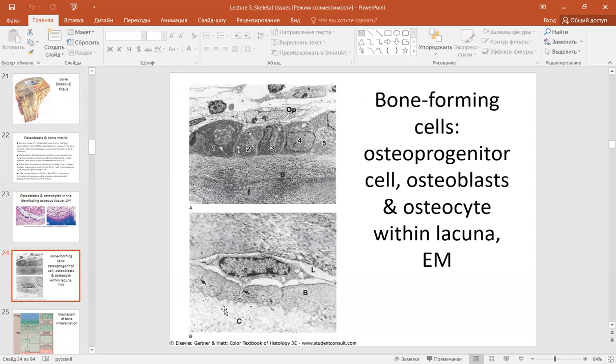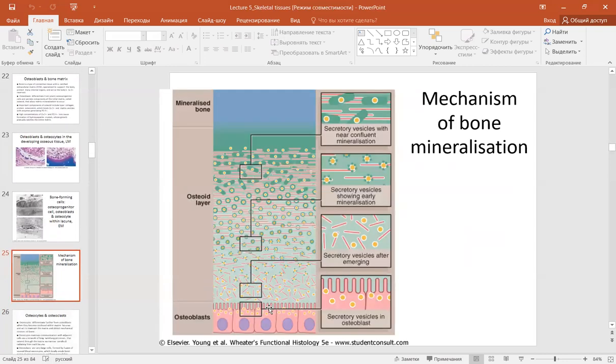The processes of the osteocytes are directed toward the osseous or osteoid extracellular matrix, communicating with the neighboring osteocytes, forming the functional syncytium of the whole osseous tissue.